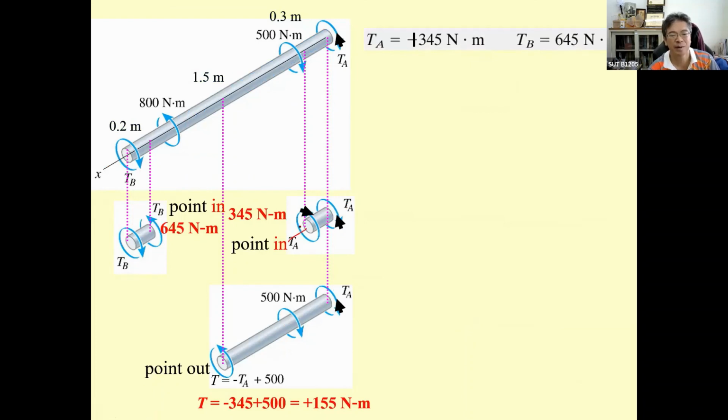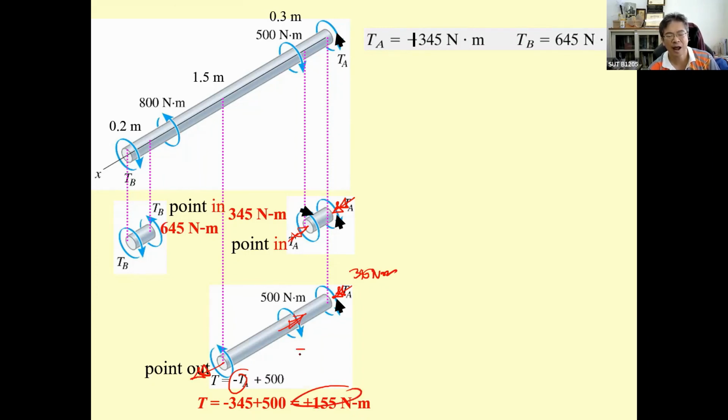This is what I showed you, the pocket. But for this one, you have to do the calculation. Okay, this is going to change to the opposite direction. This is 345 Newton meter minus 500. So we get this one to be negative 155.